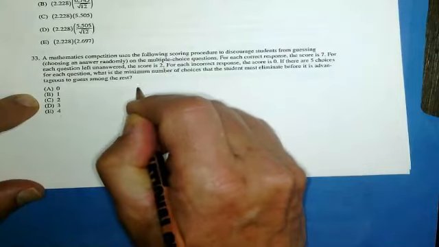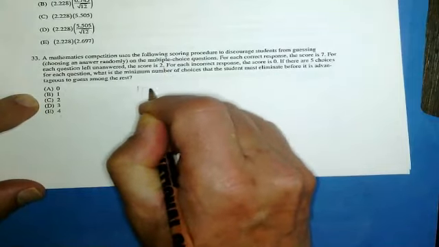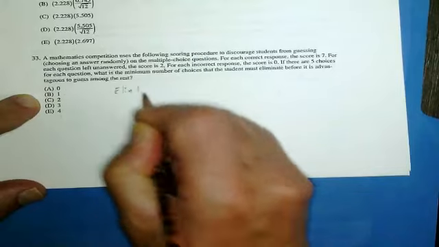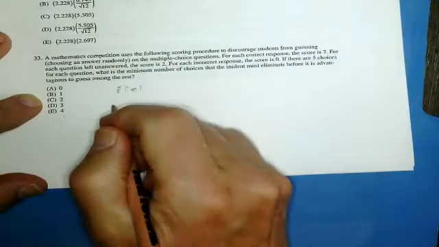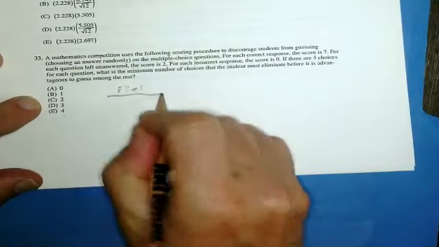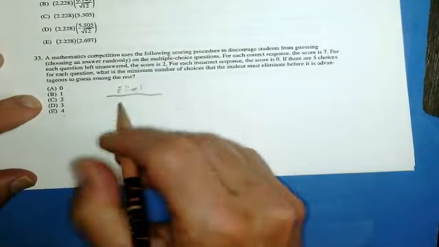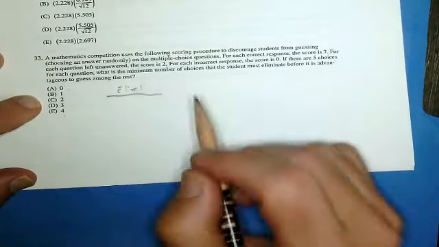So to eliminate 1, oh, I don't have an eraser. Okay, so you eliminate 1, that gives you 4 choices.